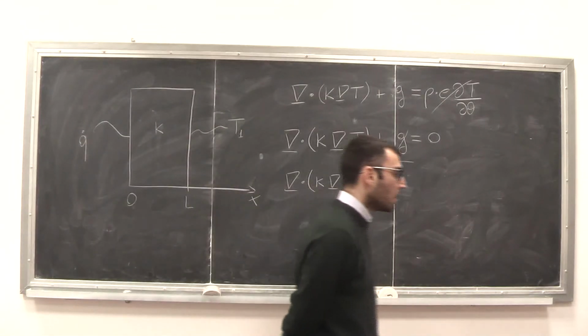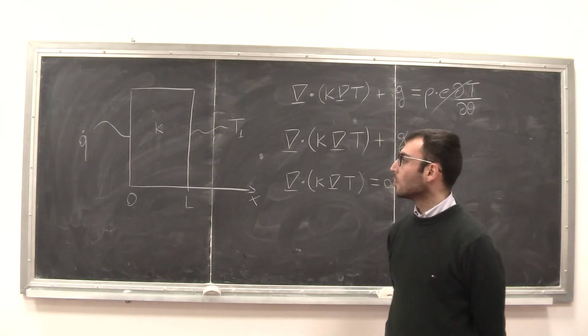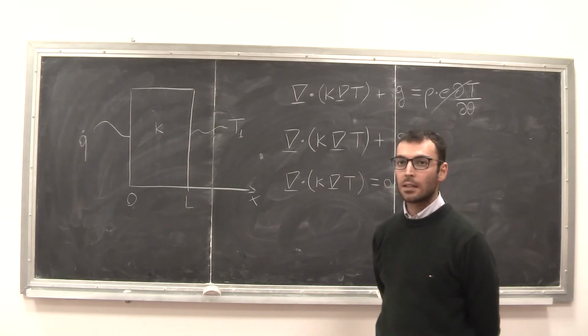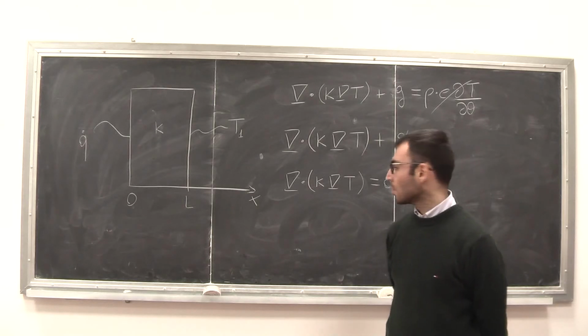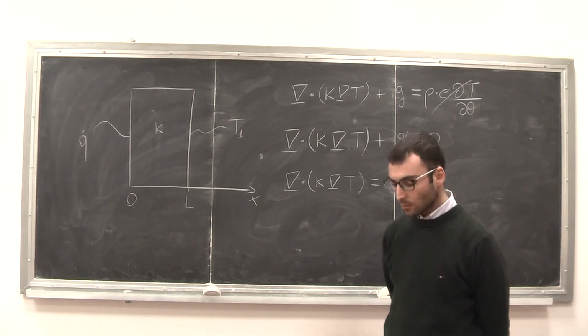First of all, we can make an easy assumption, which is to consider our material isotropic, which means that the properties, in this specific case thermal conductivity, does not depend on the direction on which it is measured, which means that we have the same thermal conductivity along x, y and z axis.